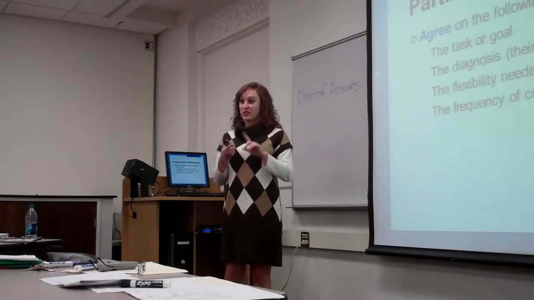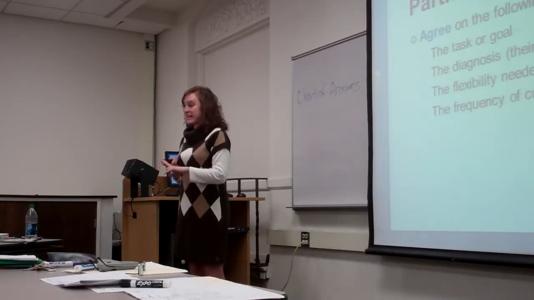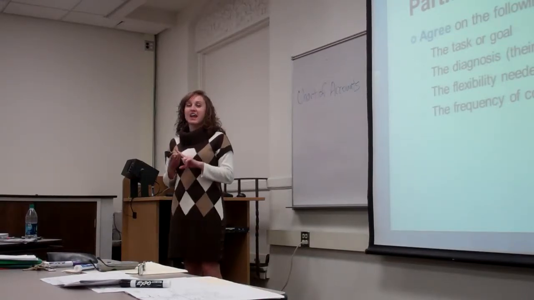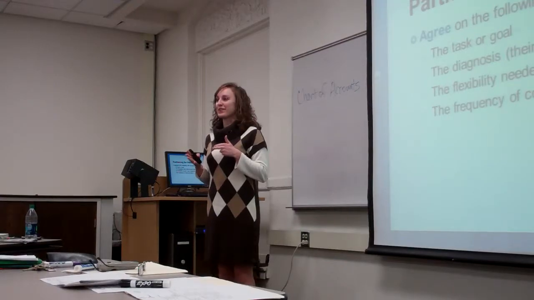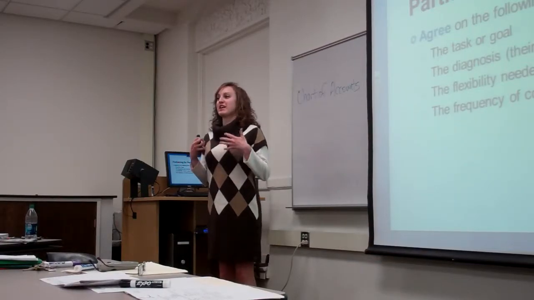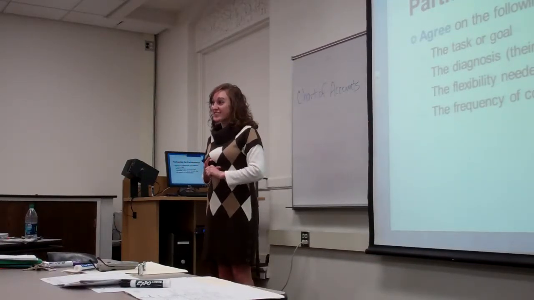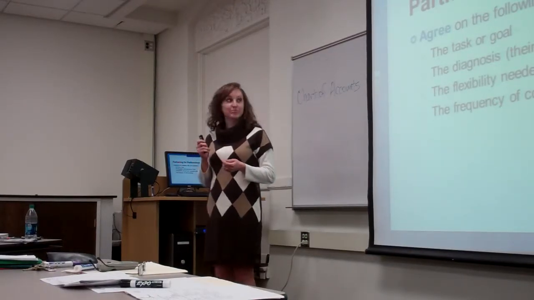It's where you agree on the task, agree on where your individual or your colleague is in their development, and you modify your leadership style to meet the individual where they are. And finally, you agree on how often you want to stay in touch, how often they need your feedback on the particular task that they are performing.